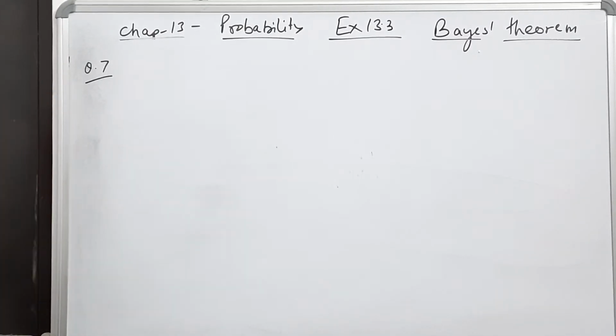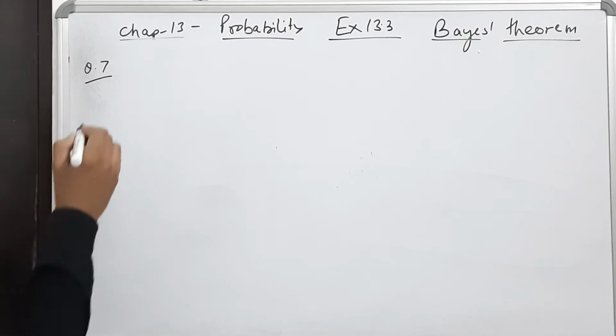Yes, now problem number 7. An insurance company insured 2,000 scooter drivers, 4,000 car drivers and 6,000 truck drivers, the probability of an accident are 0.01, 0.03 and 0.15 respectively. Now one of the insured persons met with an accident. What is the probability that it is a scooter driver?